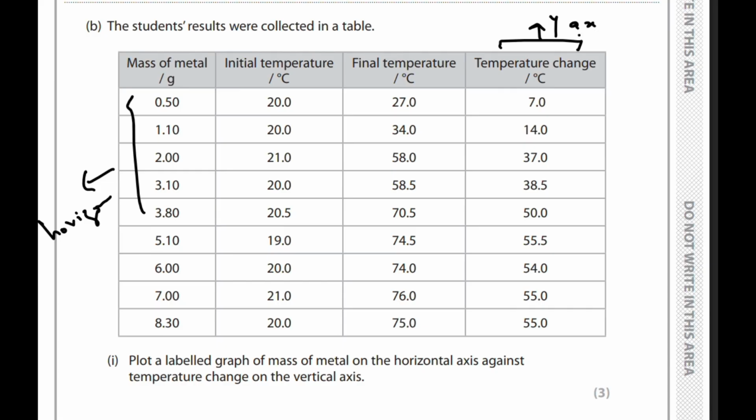So you need to plot this graph, and the graph will look like this. So this will be your graph.